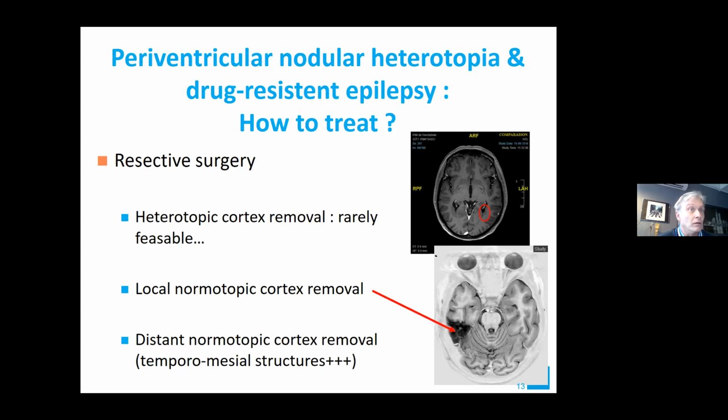This is something often feasible, depending upon the SEEG data, of course. And it also may consist in removal of some distant normotopic cortex. I will add that finally, it almost always does consist in removal of the temporal major structures, which again is a classical procedure in epilepsy surgery.